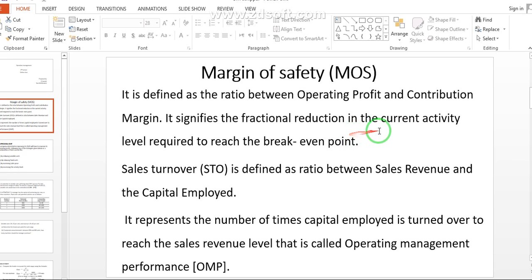Let me explain for better understanding. Dear students, if an organization is going to produce a product, obviously there will be some expenditures. A product is not simply going to be produced; there is a requirement of expenditures for that operation.